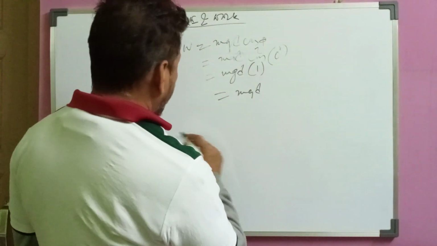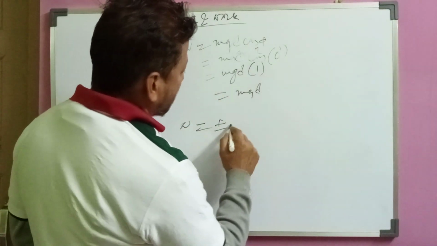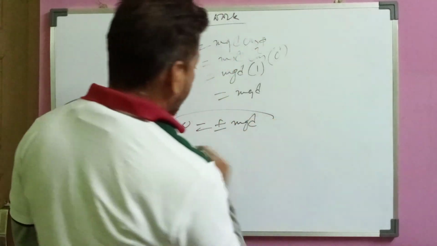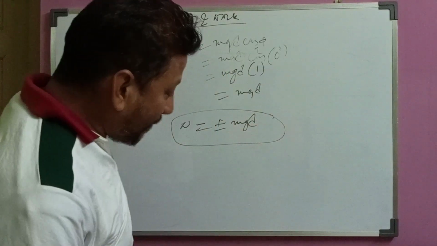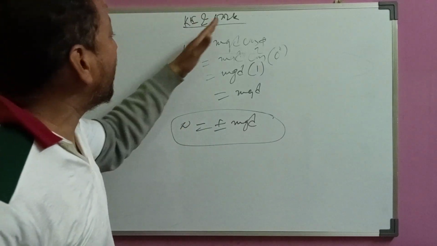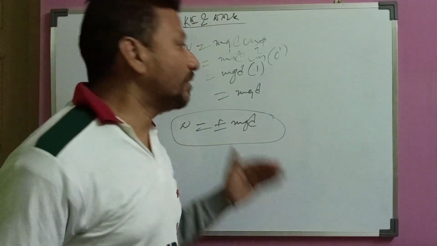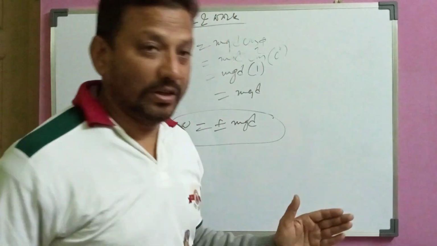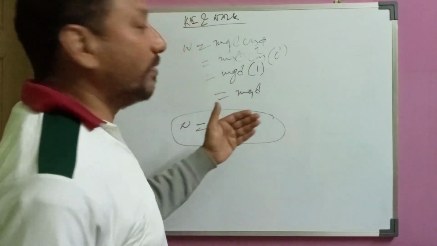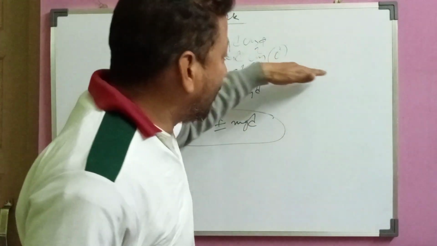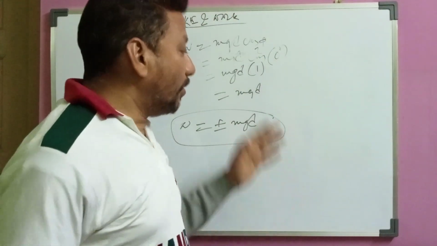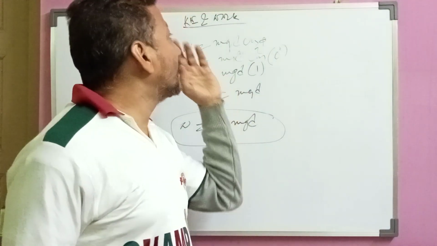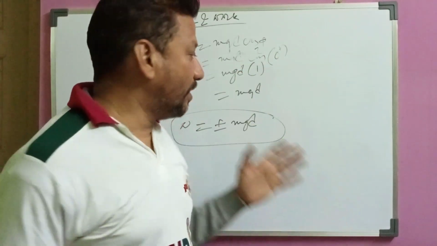So W is equal to plus or minus mgd. These are the two cases. Always keep it in mind while doing kinetic energy and work: along the straight line, along the gravity, against the gravity. These are the two conceptualization thoughts. If you do the work, you will automatically get the kinetic energy. Okay.